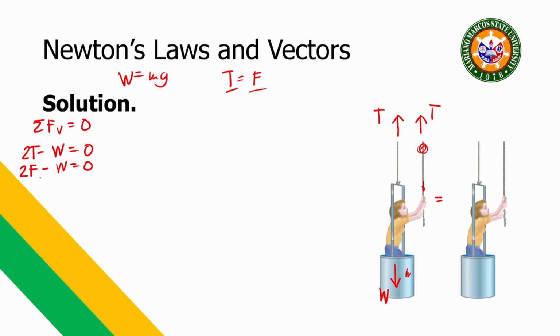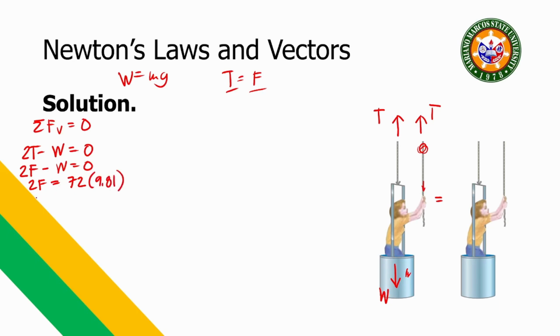We will get 2F is equal to, I'll transpose this W, so mg. The mass of the window washer was 72, so 72 for the window washer plus the bucket, multiplied by gravity, 9.81.